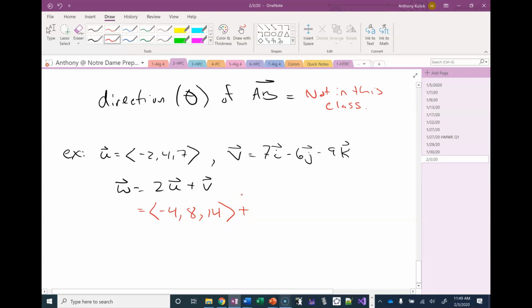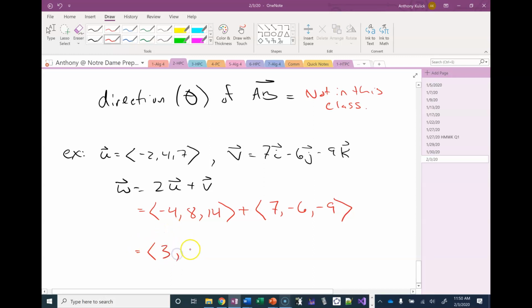To add 2 vectors, they should probably be in the same form. So let's write vector v in component form. And then to add vectors in 2 dimensions, how did we add them? Yeah, we just added them component-wise. We add the x component, add the y component, and add the z component. There's no z component in 2 dimensions, but that's how we'll do it in 3 dimensions.